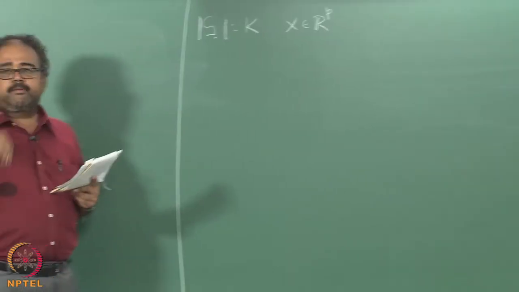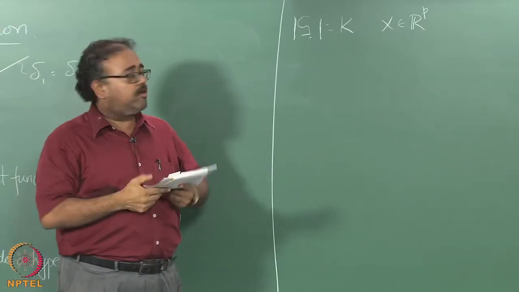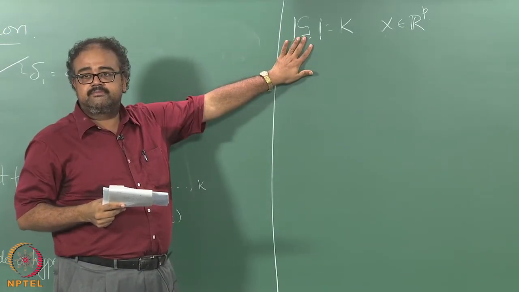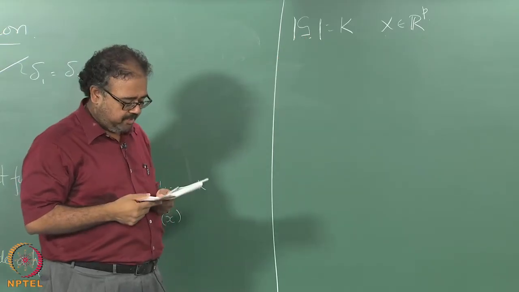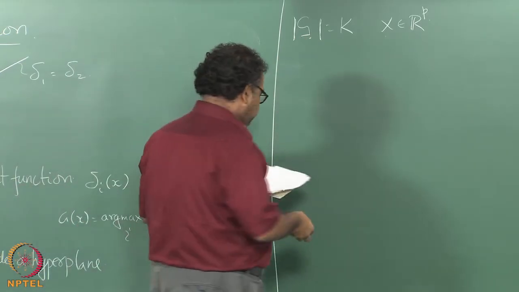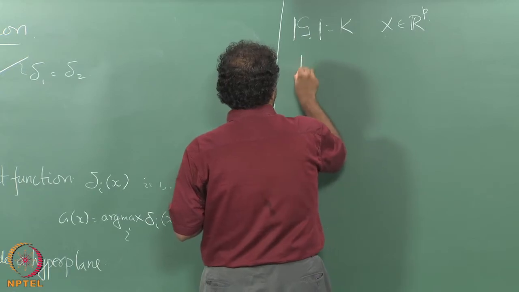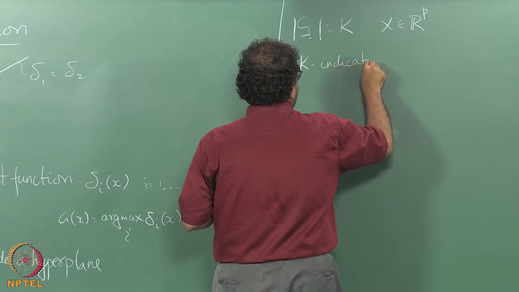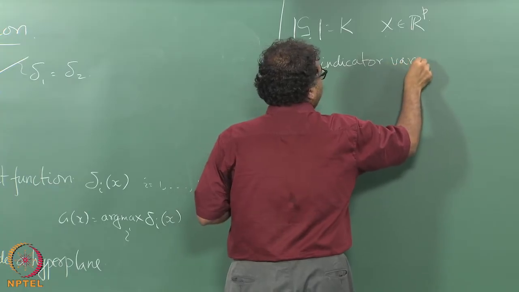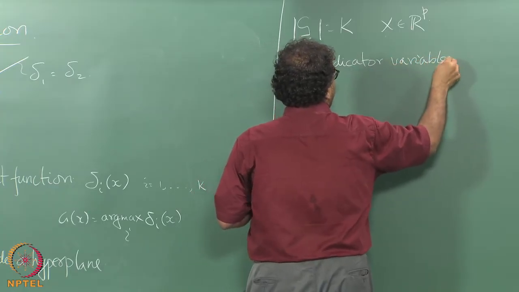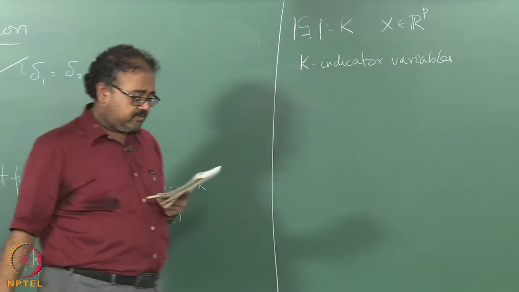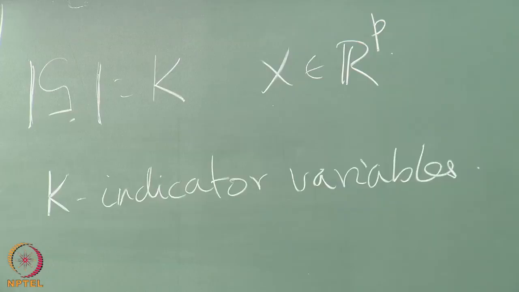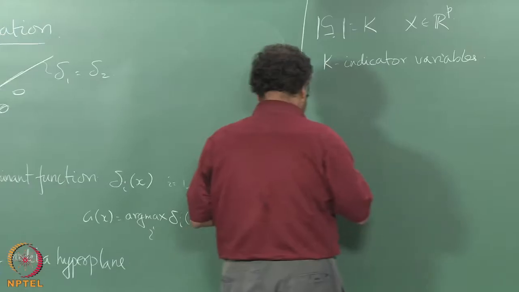X is going to come from R^p as before, right, and my output is going to come from this space G. Okay, so that is our setup, and if there are k classes, I am going to have k indicator variables.